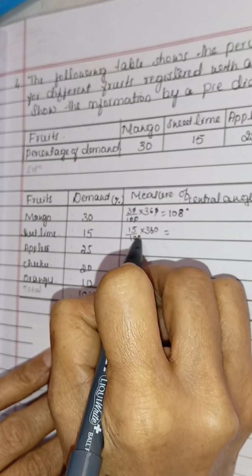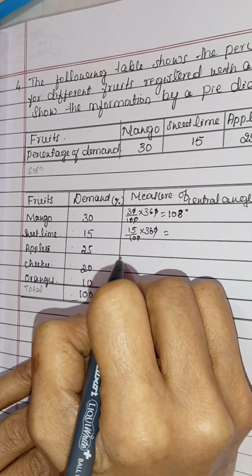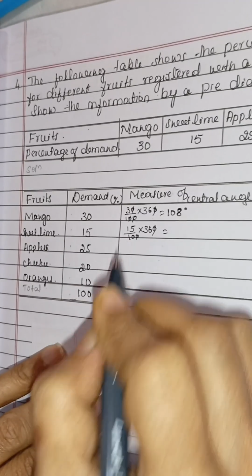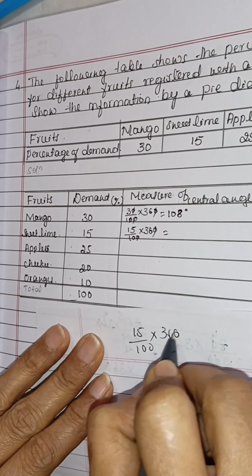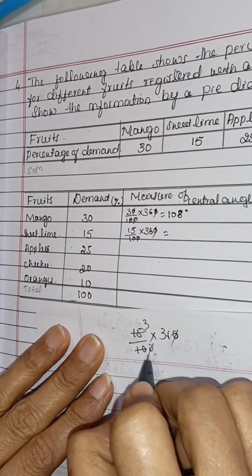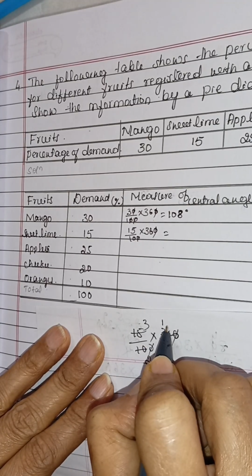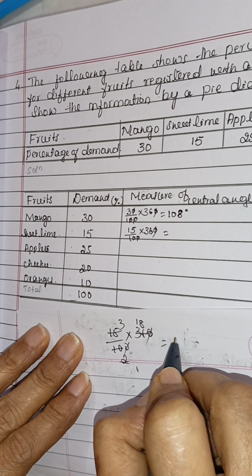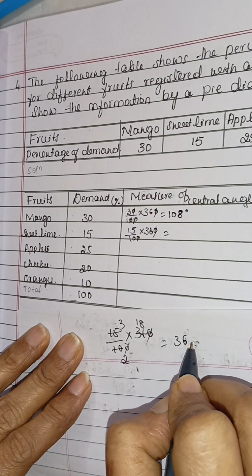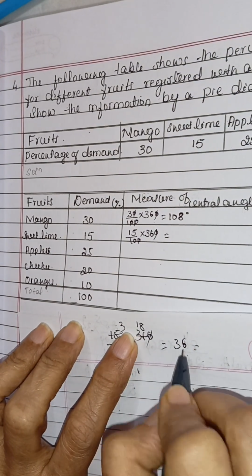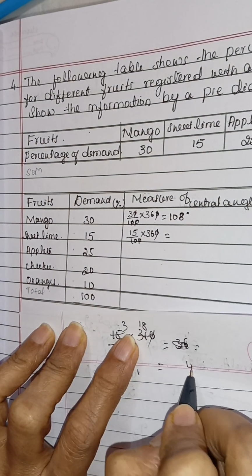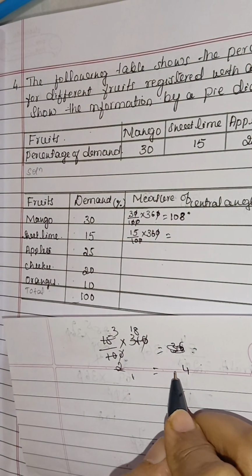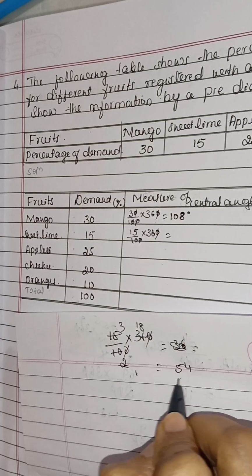Then 15 out of 100 for 360. How much? This 0 gone. Then see, 15 out of 100, 360. 5 3s are 15, 5 2s are 10, 1 carry, 54.